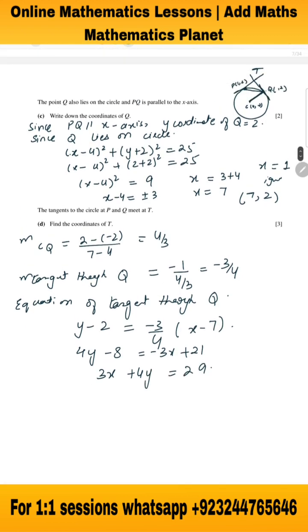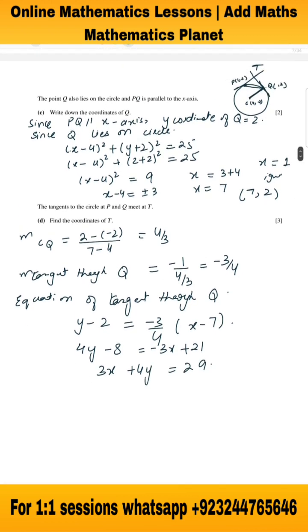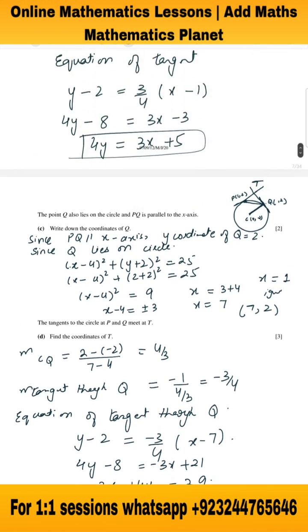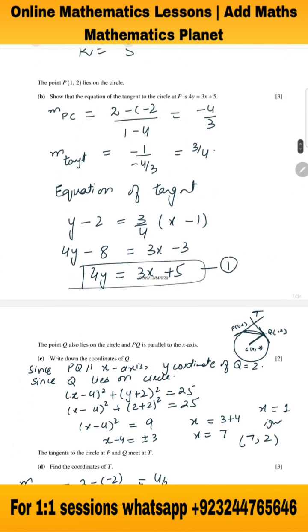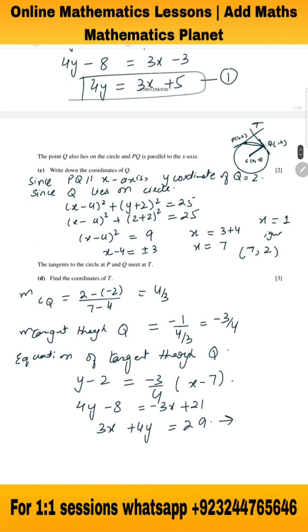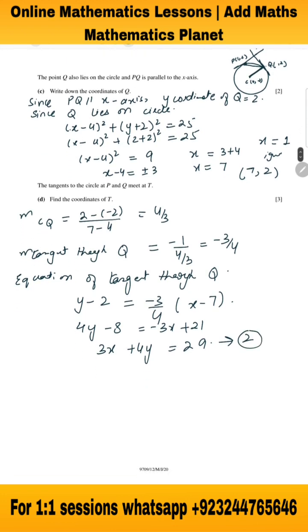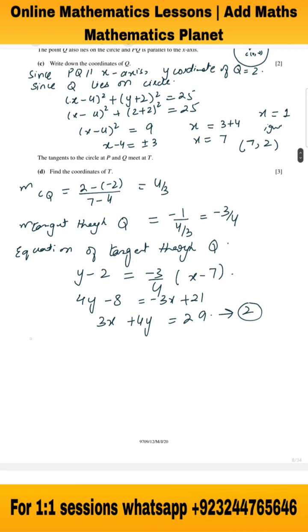Now T is the point of intersection of these lines. So this is the equation of the tangent through point P, number 1, and this is the equation of the tangent through point Q, that is number 2. We need to find the coordinates of point T, and T is the point of intersection of both lines, so we have to solve them simultaneously.